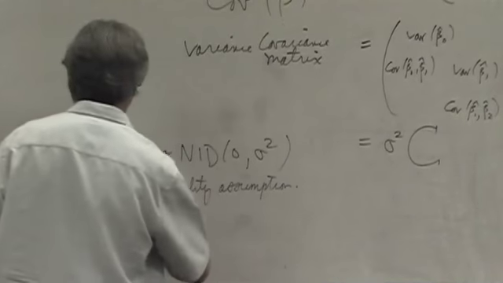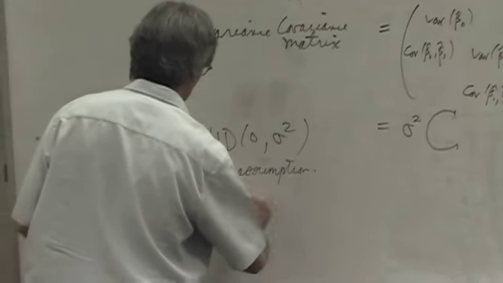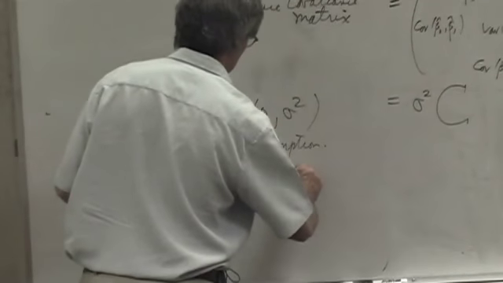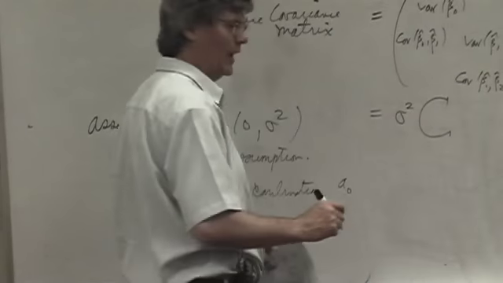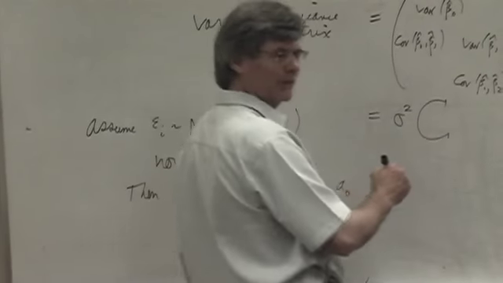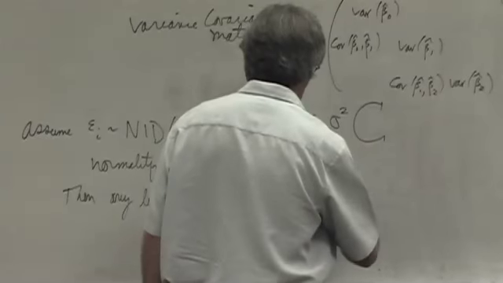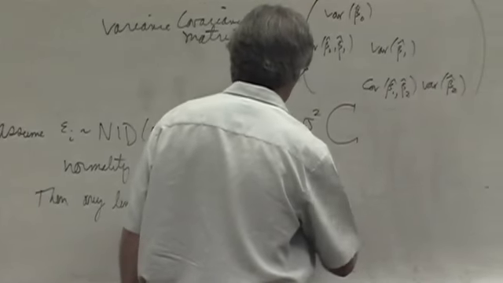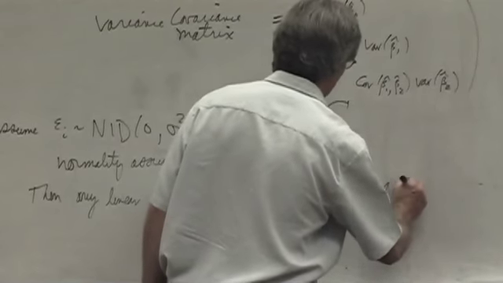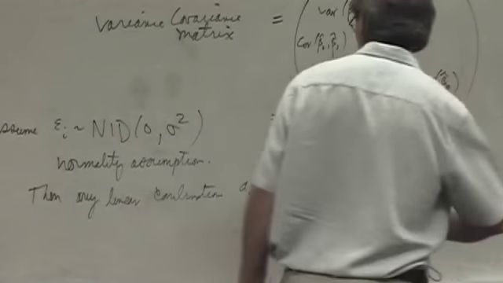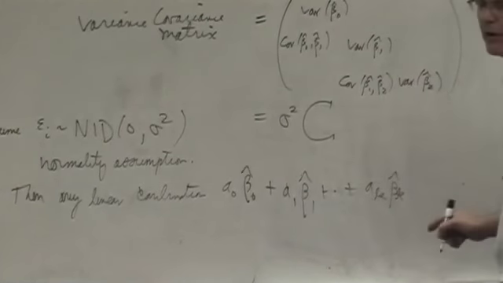Then any linear combination, I'm just going to use coefficients a instead of c, to not confuse with this capital C matrix: a0 beta 0 hat plus a1 beta 1 hat plus and so on plus ak beta k hat. That's a linear combination of these beta hats as random variables.